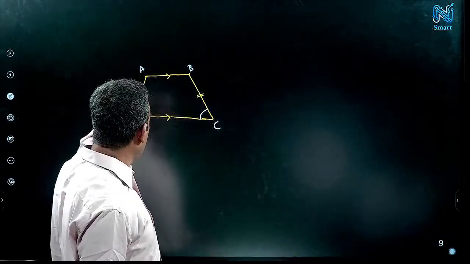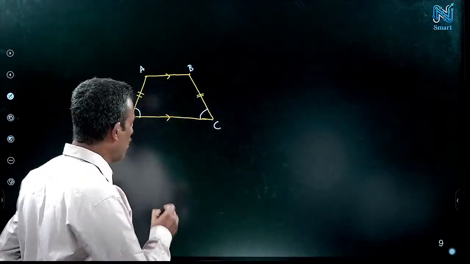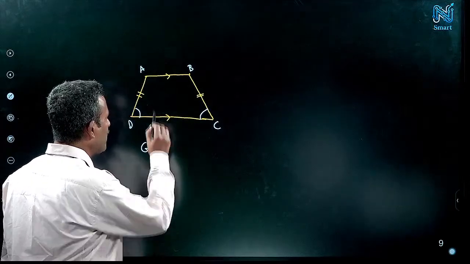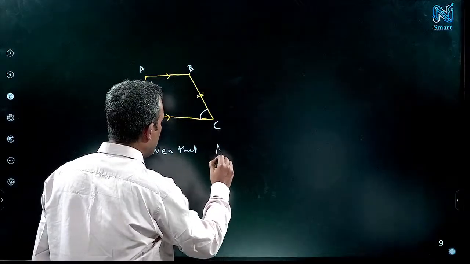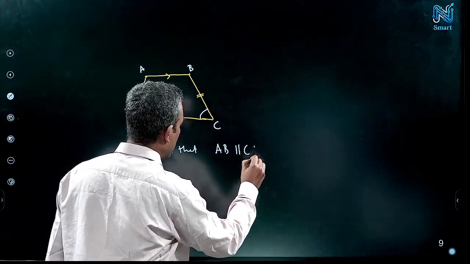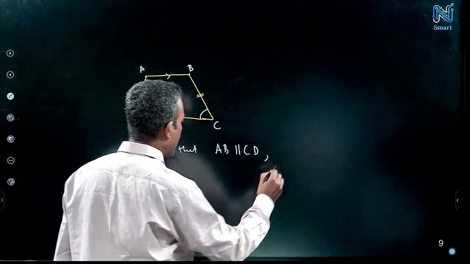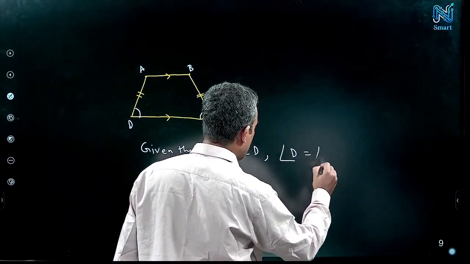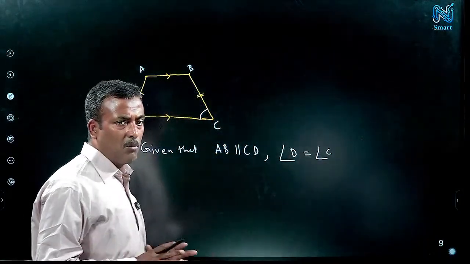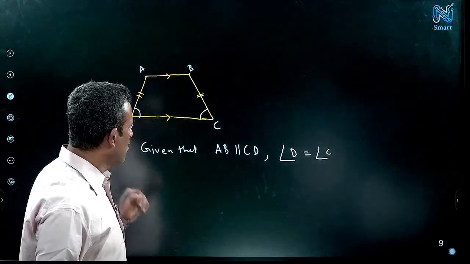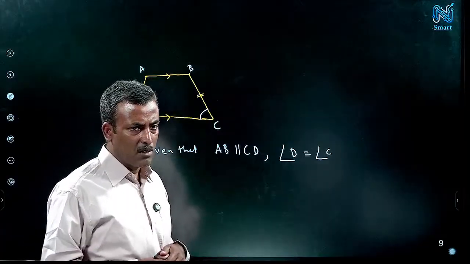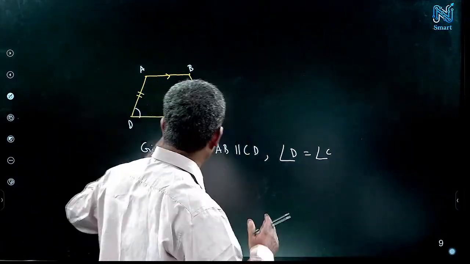First assume that angle D and angle C are equal. Given that this is a trapezium, AB is parallel to CD and angle D is equal to angle C. What we have to show is AD equal to BC, that is an isosceles trapezium. That is easy, we just extend and join.